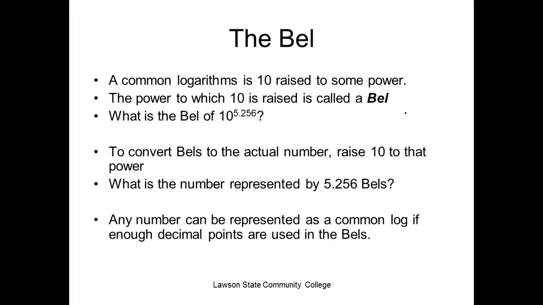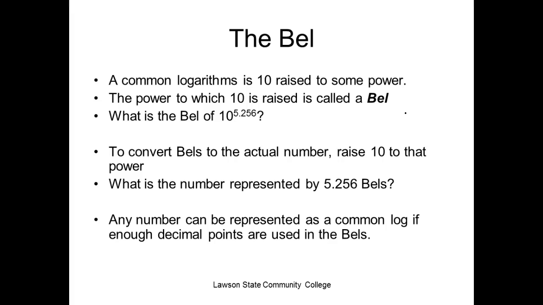But the base of a common log is 10 raised to some number. You could enter any number, but we can represent any number by raising 10 to an exponent. Now it might be a big old exponent, but we can represent any number.